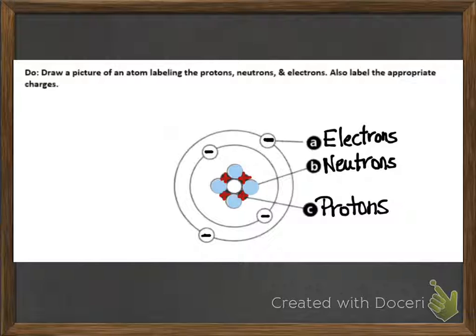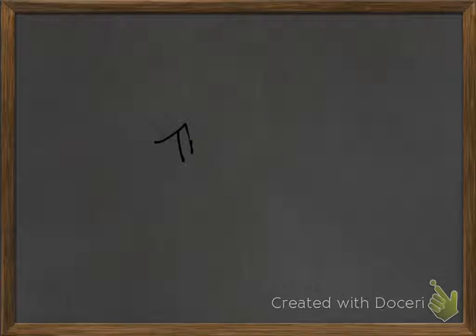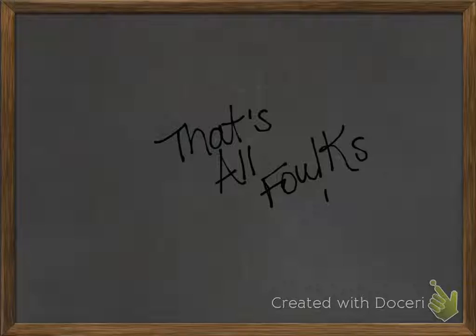We'll go more into elements a few weeks later, but you need to know the basics of an atom. You have your protons, neutrons, and electrons. And don't forget that the neutrons and protons, as you see in this picture, are located inside the nucleus. Okay, guys, that's all we have today for SPI 9.1, looking at atoms.